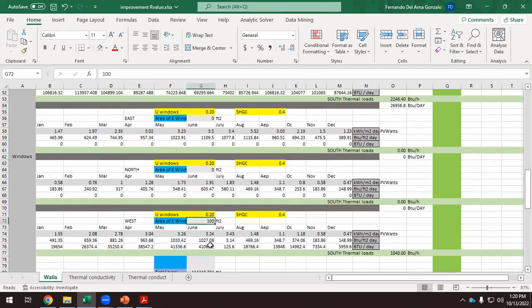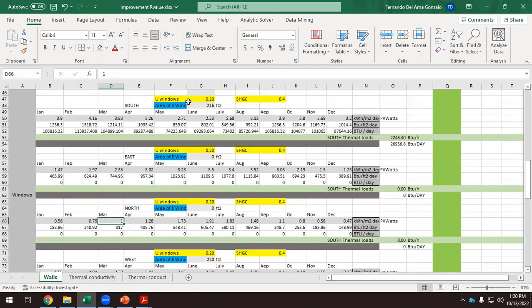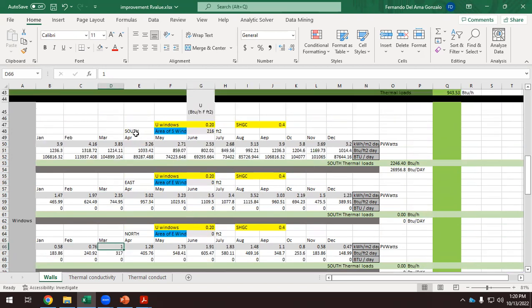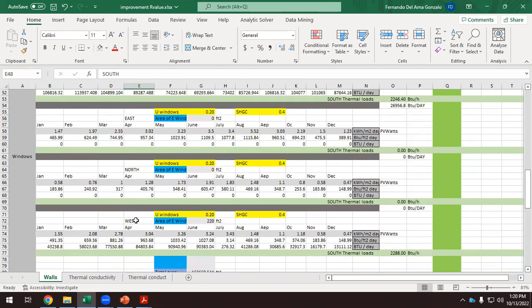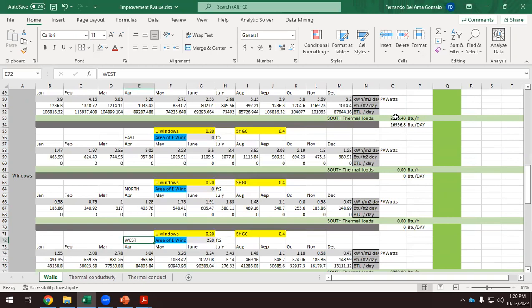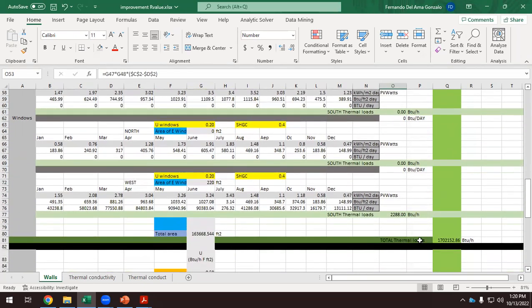And in this exercise, we have something in the southern and western elevations. I have windows there, so I should have values for the south and the west. So here we have the total thermal loads of windows.